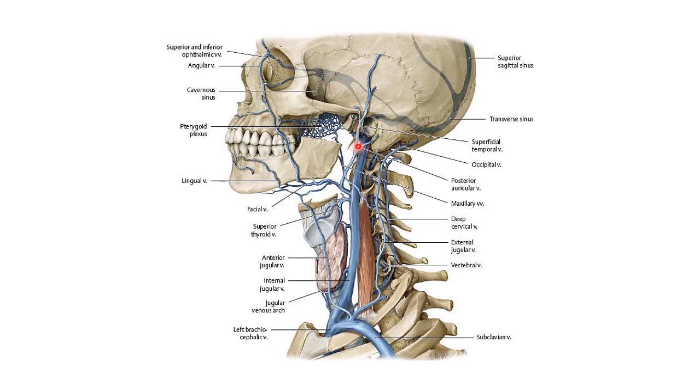You will also appreciate on this picture the position of your superficial temporal vein, which occupies the temporal region of the skull and drains the scalp as well as the cortical bone of the skull.